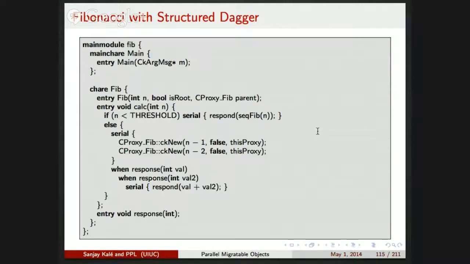It goes back to the original semantics of our entry methods. When we are executing an entry method, we want that to be the only thing we're executing, sequentially from start to finish without preemption, because that's our basic unit of computation. So when it hits a serial block, this char is going to be executing until it finishes that serial block. Then it gives control back to the scheduler if there's something left for it to do.